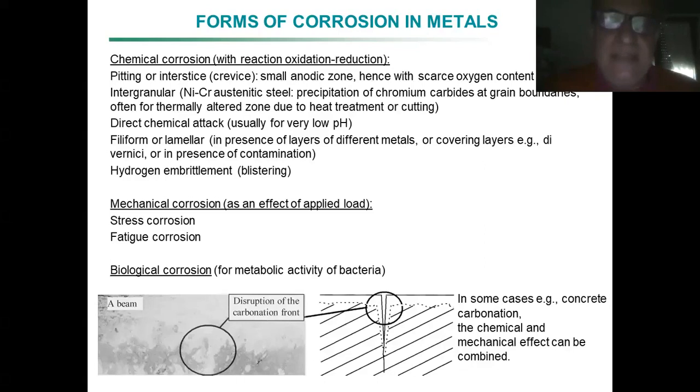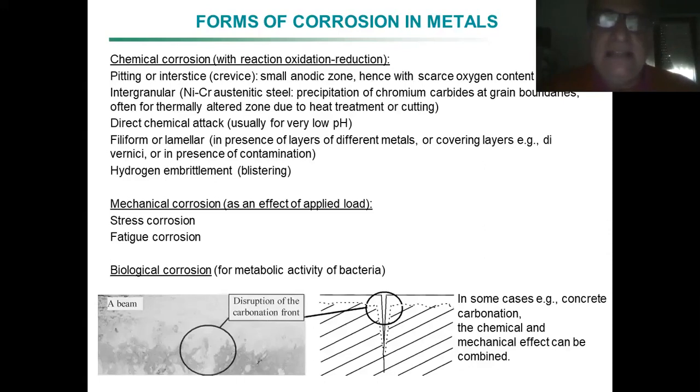It is typically 18%, and it might happen that chrome would precipitate at the border of the grains in steel, which creates chromium carbide. It will precipitate together with carbon, because of course steel would contain some carbon.